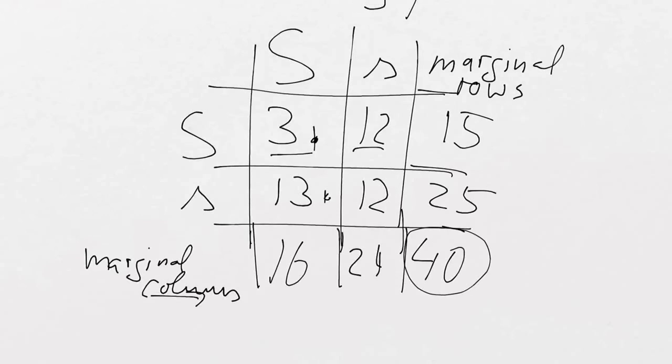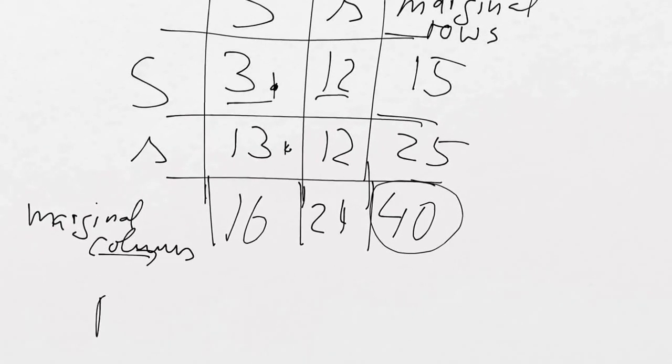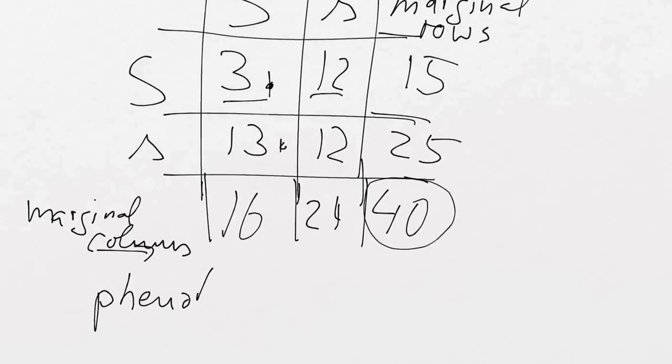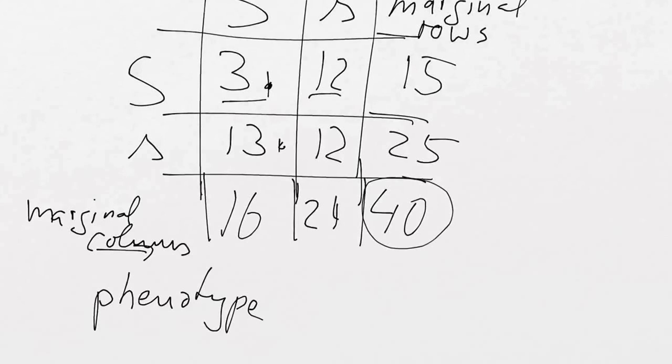Now, when we look at our dragons, we want to know whether this is a Mendelian inheritance. Right? So we look at the phenotype. And we know that scaly is dominant over smooth. So what would be the Mendelian monohybrid dominant ratio?